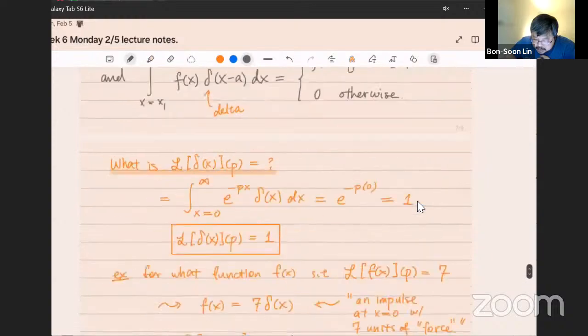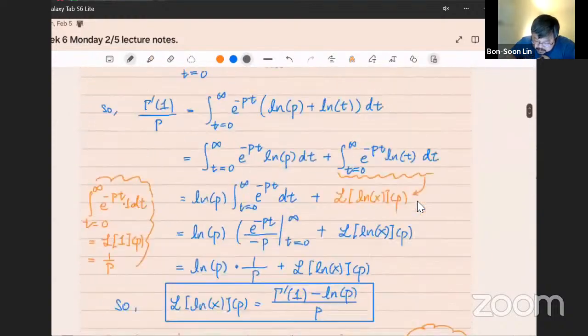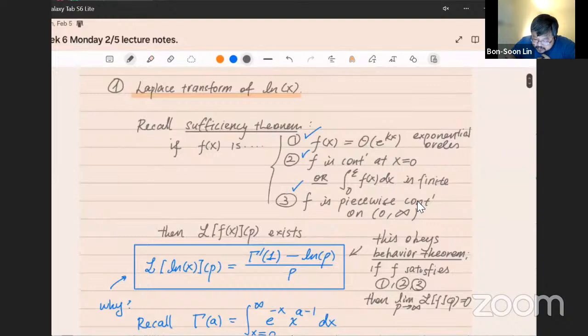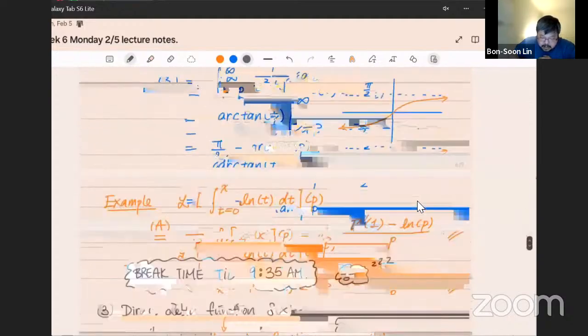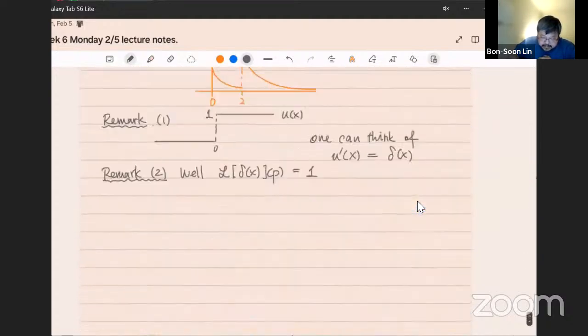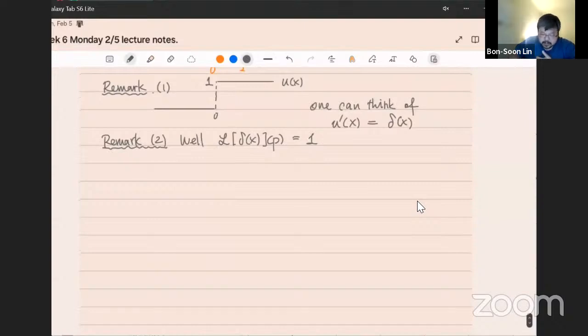The behavior theorem says if the function is of exponential order and it is continuous at 0, or the area is finite near 0, and it's piecewise continuous, then the limit of the Laplace transform as p goes to infinity should be 0. But 1 is a constant. As p goes to infinity, this doesn't go to 0. So this doesn't satisfy the behavior theorem.